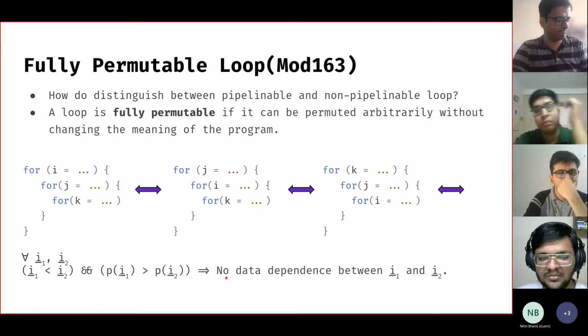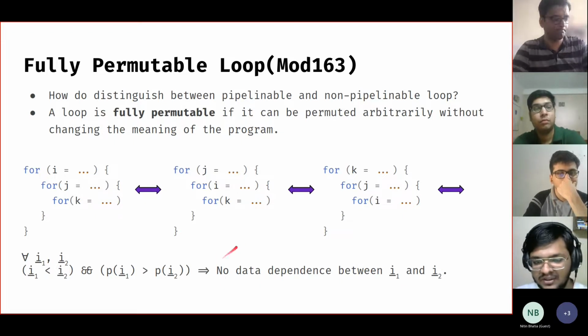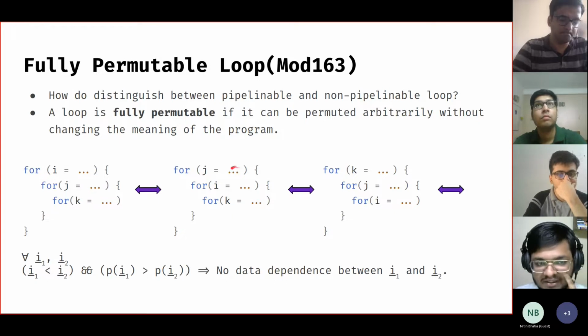If we permute our loop, we don't want any dependency between those two iteration points, because if there is a dependency, then we are not going to get the same result.